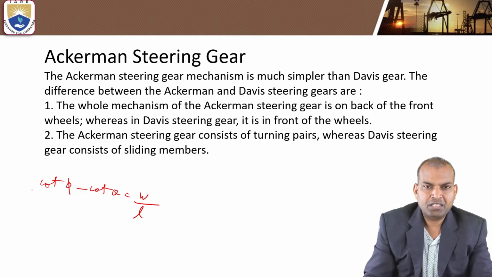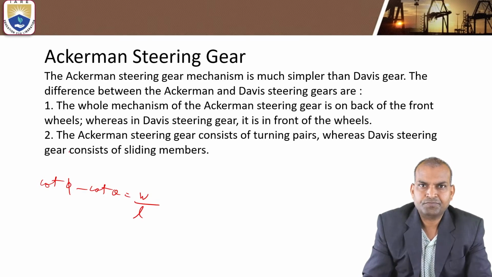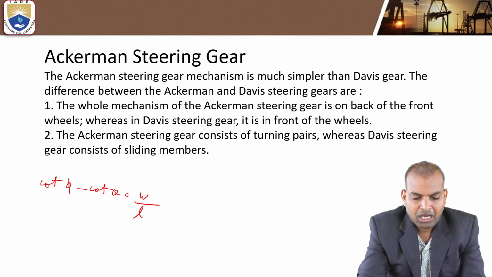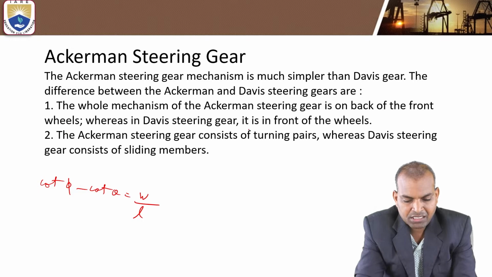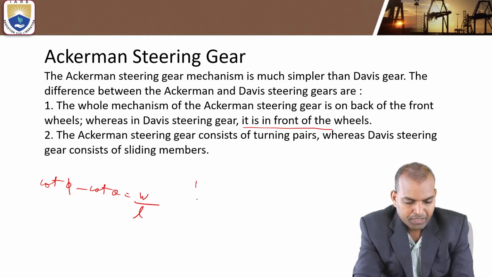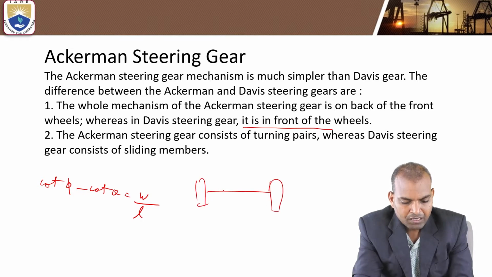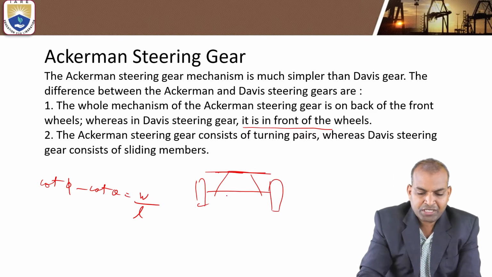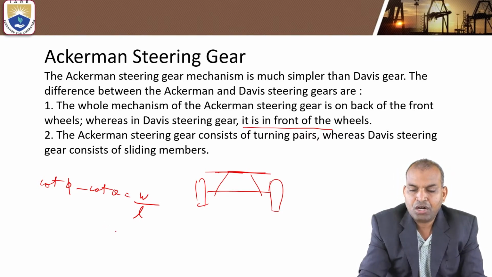The difference is that the Davis steering gear mechanism has a slider, and it is in front of the front wheels, whereas the whole mechanism of the Ackermann steering gear is just on the back of the front wheels.